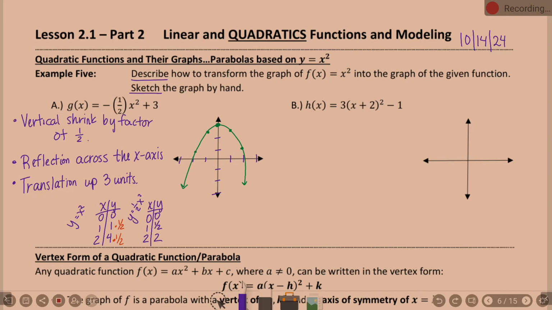That's my main. Okay, so I'm going to take a moment to write this all out. Vertical stretch by a factor of 3.